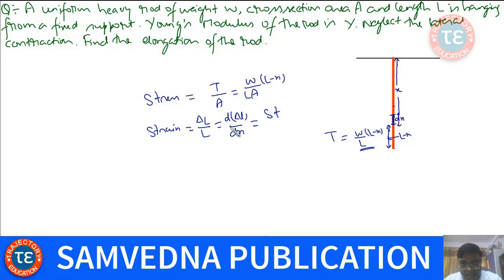Elongation in dx is d of delta L, length of this element is dx, and that is equal to stress upon Young modulus. So that will be W upon LAY, L minus x.